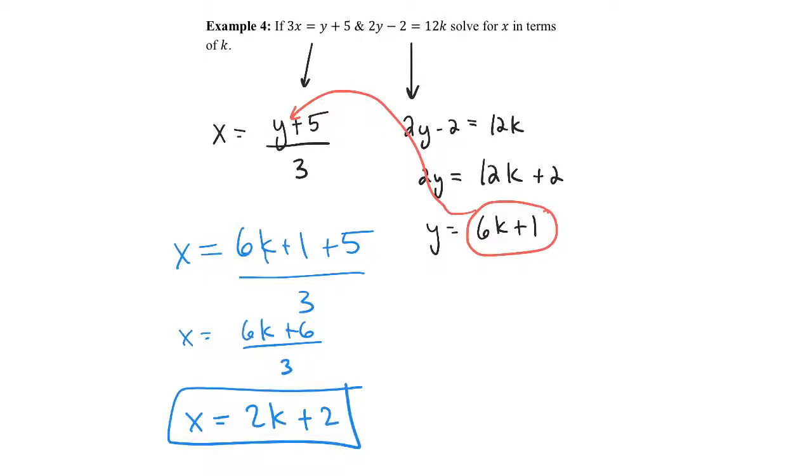Whenever you have a third variable and only 2 equations, your answer will have a variable in it every single time. What's the most important thing about this problem is to recognize that when it says solve for something in terms of something else, it's going to have that something else in the answer. So solve for x in terms of k meant that k was going to be in the answer. So I know that I've got the correct solution.